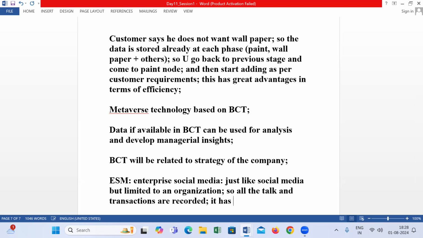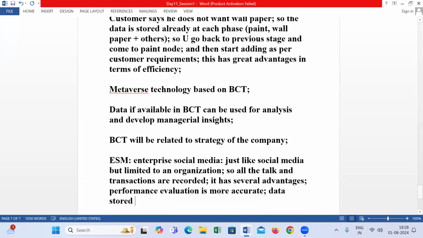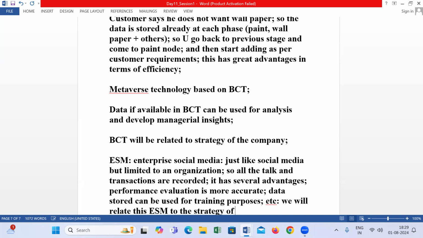It has several advantages. Performance evaluation is more accurate. Data stored can be used for training purposes, etc. We will relate this ESM to strategy of company.